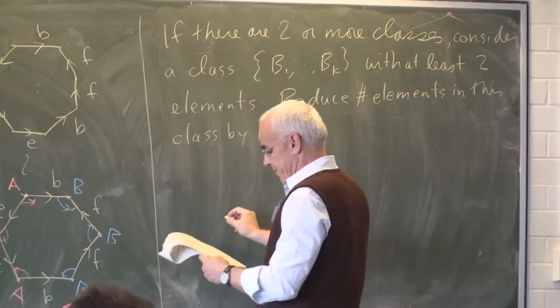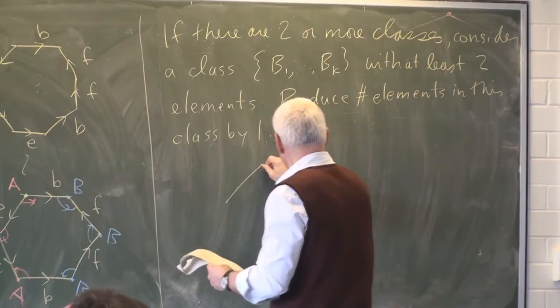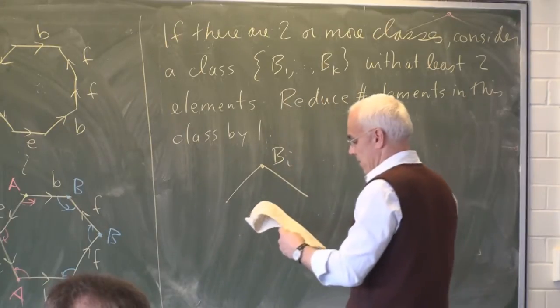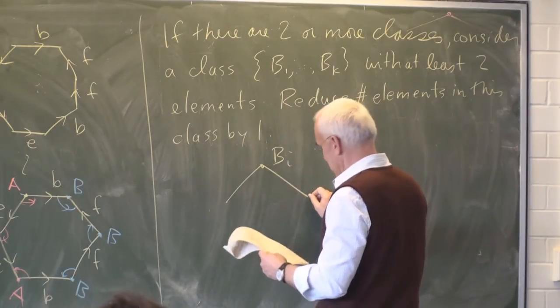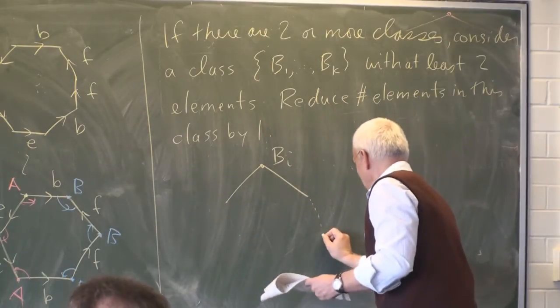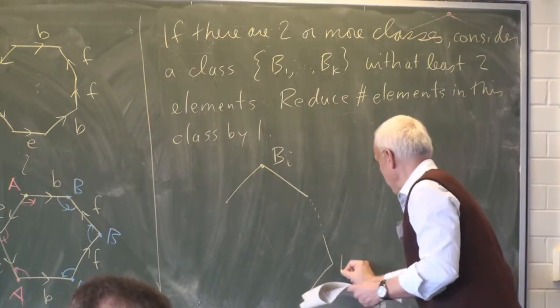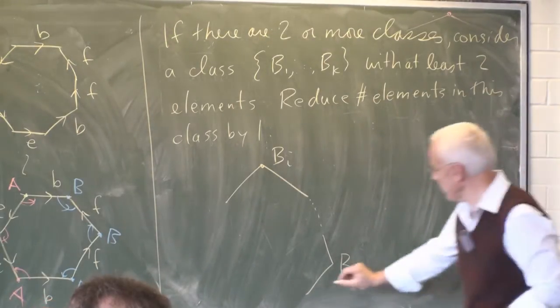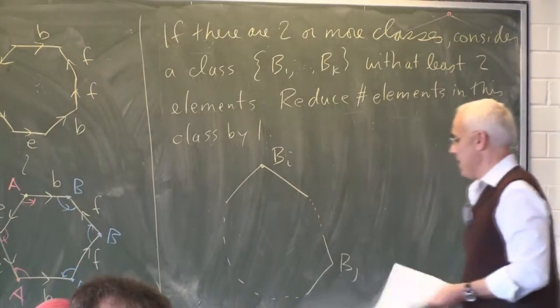So suppose there's some BI, and then the polygon can do something when it wants, and then eventually over here there's another, say, BJ, and then it does whatever it wants.